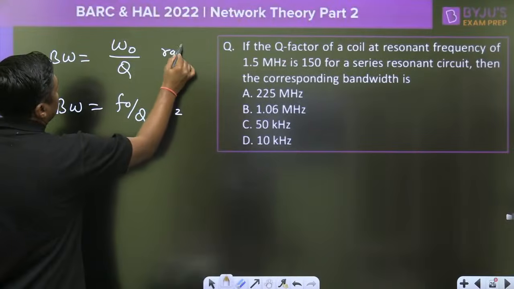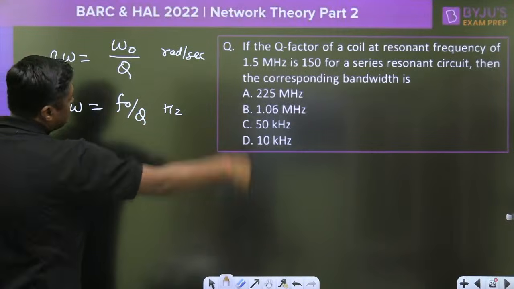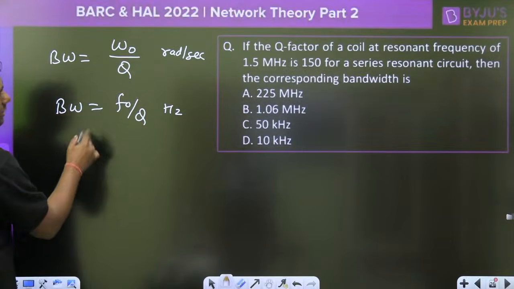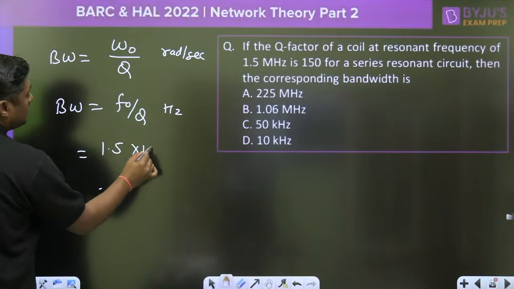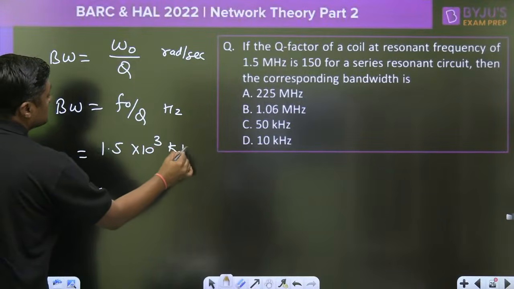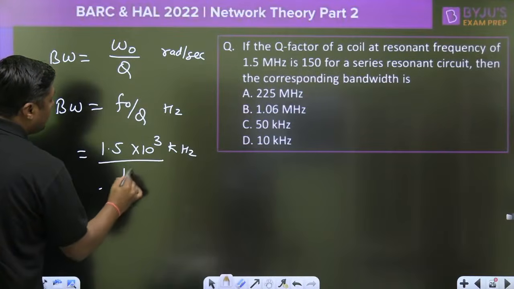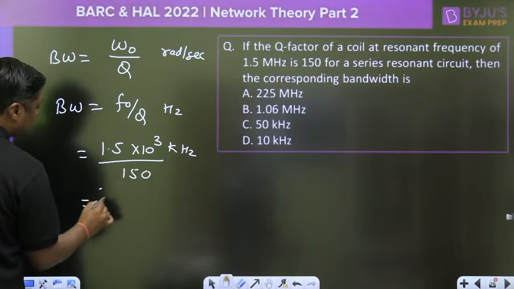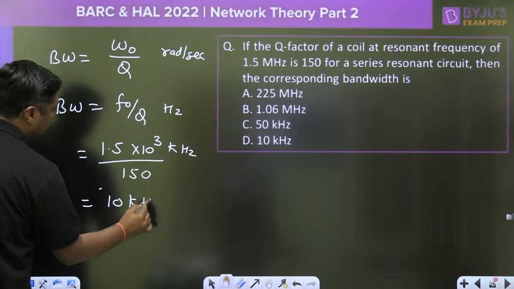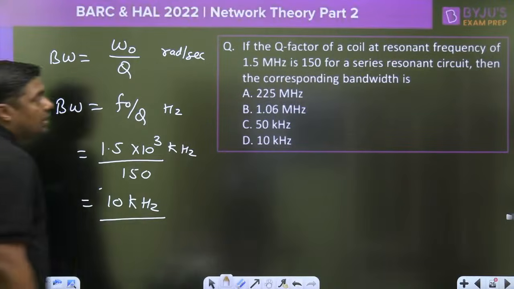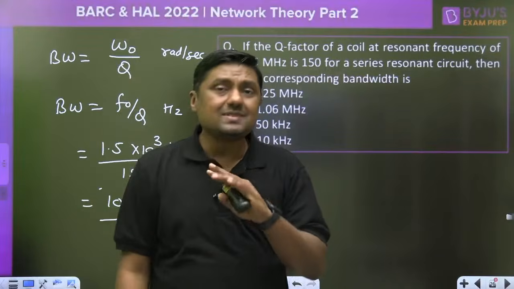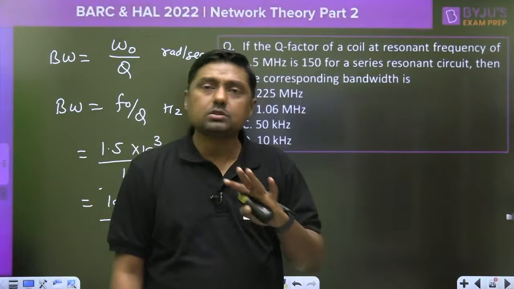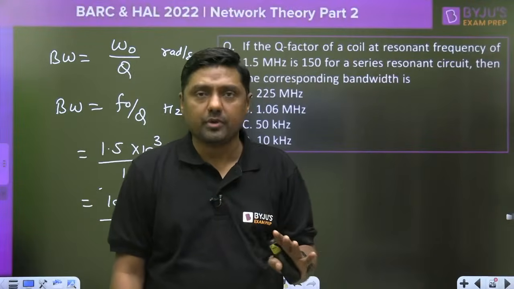The answer is given in hertz and that's why F naught 1.5 megahertz, 1.5 into 10 raised to power 3 kilohertz divided by 150 and you will get the answer 10 kilohertz.